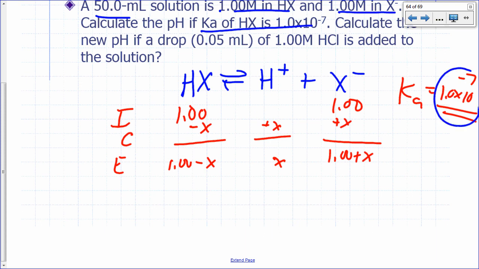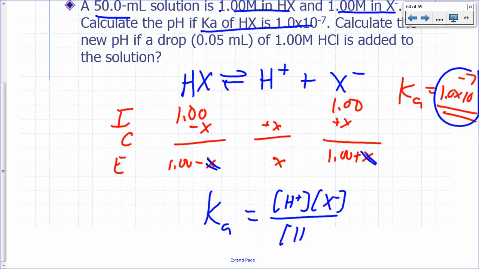Since this is small, we're going to neglect that, right? So we say Ka is equal to H plus times X minus over HX. So it's going to be X times 1.00 over 1.00.